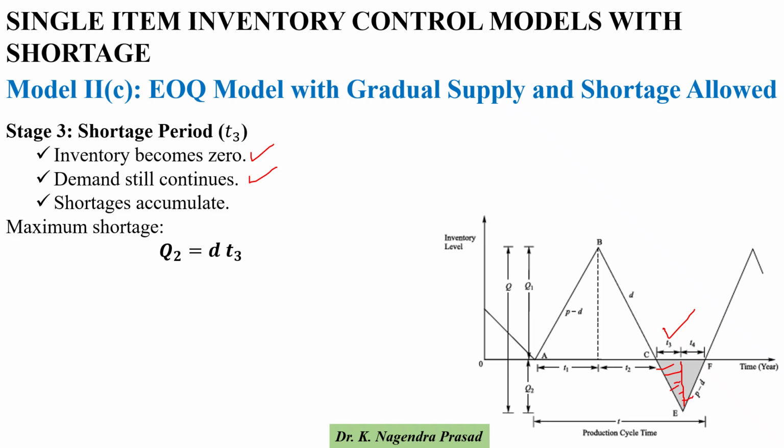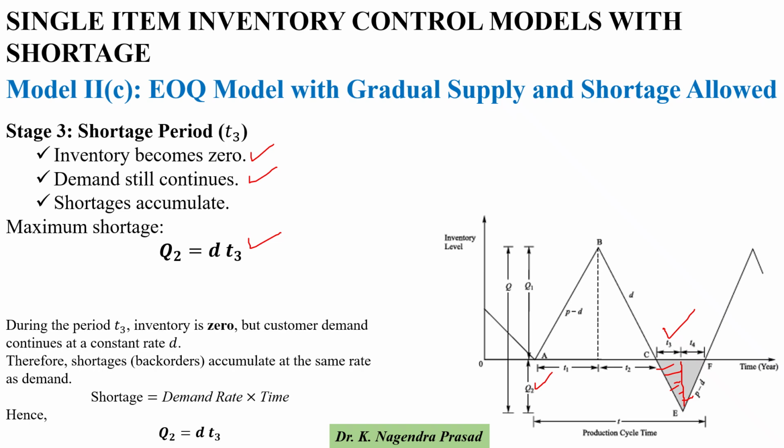The maximum shortage is Q2, which is equal to D into T3. During the time period T3, inventory is 0 but customer demand continues at a constant rate D. Therefore, shortage accumulates at the same rate as demand. So shortage equals the demand rate into the time, and the maximum shortage Q2 equals D into T3.